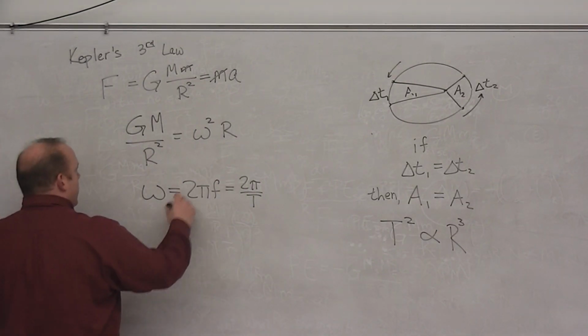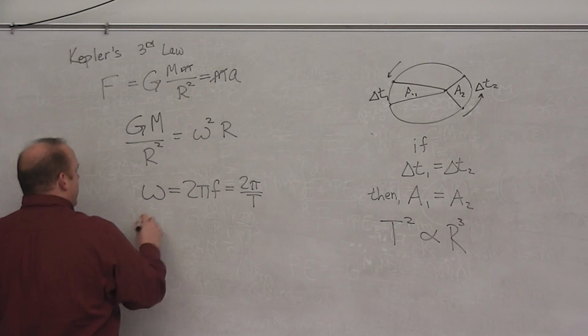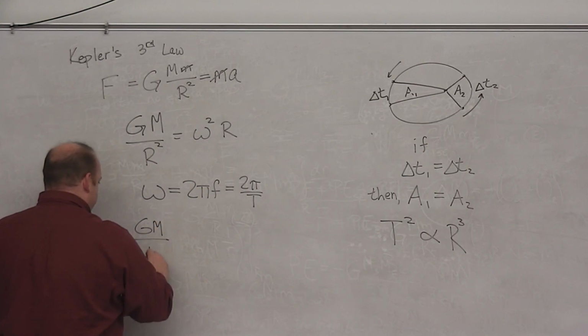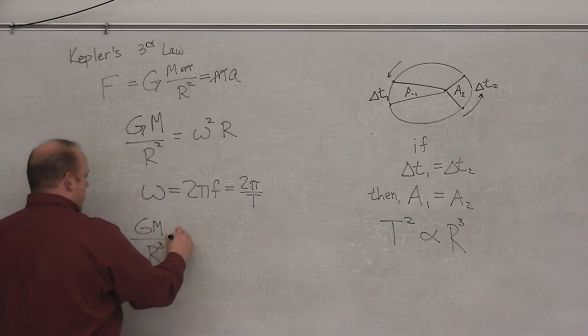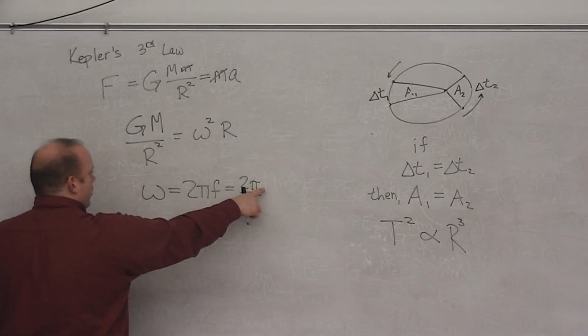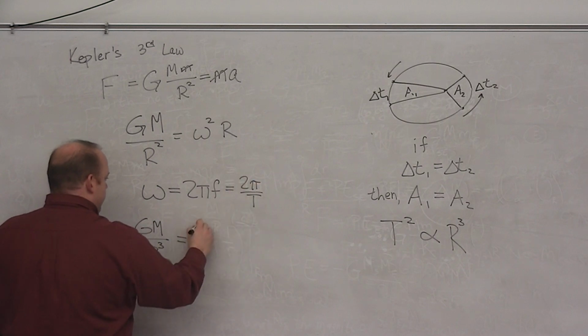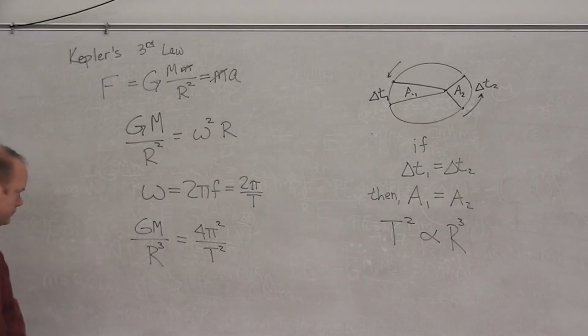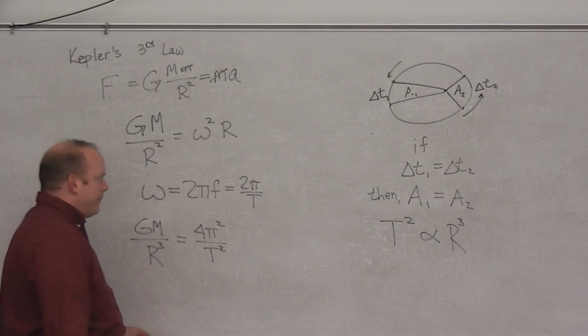Now, I'm going to divide both sides by r. So I have GM over r cubed is equal to omega squared, which is 4 pi squared over T squared. Well, we can cross multiply or just flip it over, however you want to put it.